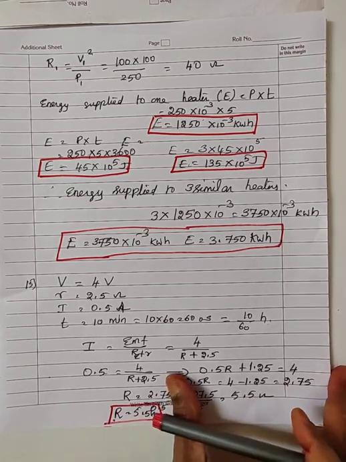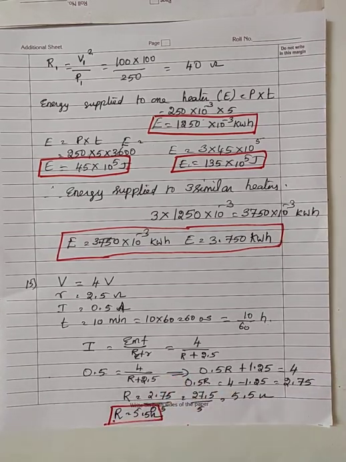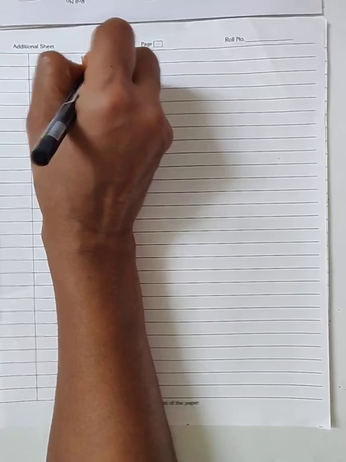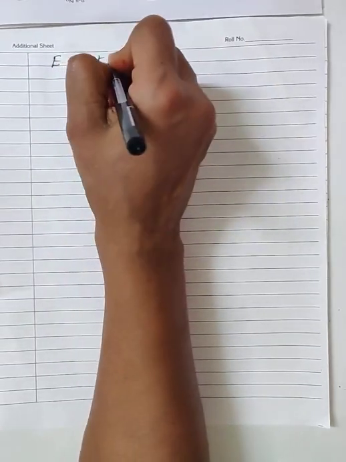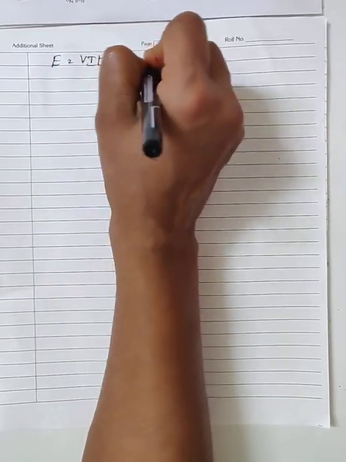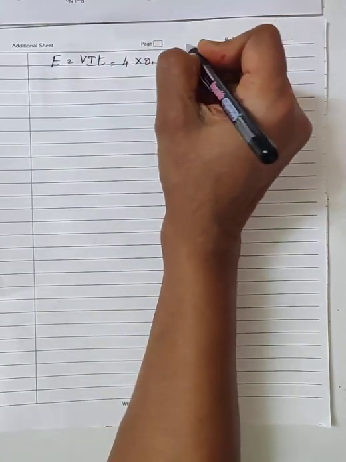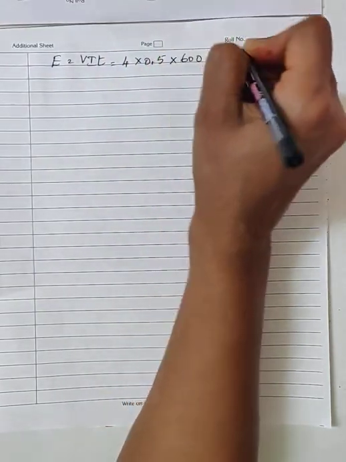In this 15th question, first you are asked to calculate the total energy supplied by the battery in 10 minutes. So to calculate energy, the energy expression is E is equal to VIT. Directly we substitute. In this question V is given as 4 volt, I is given as 0.5 ampere, and the time is given as 10 minutes. 10 minutes means it is equal to 600 second.